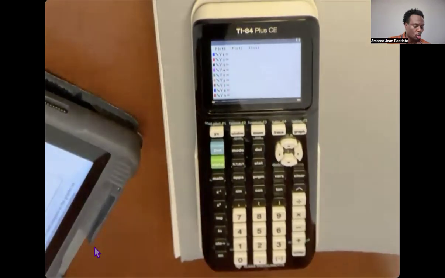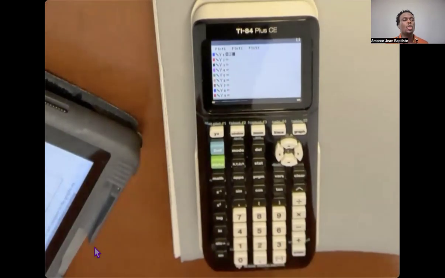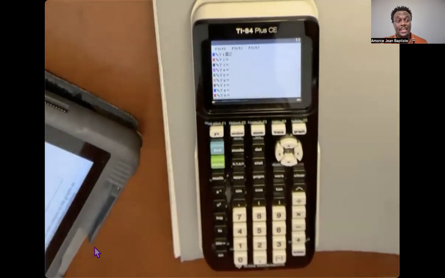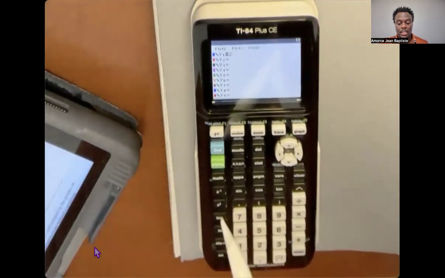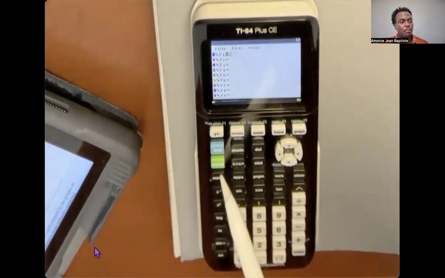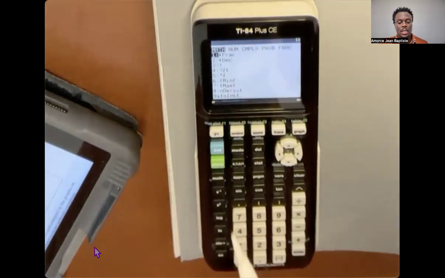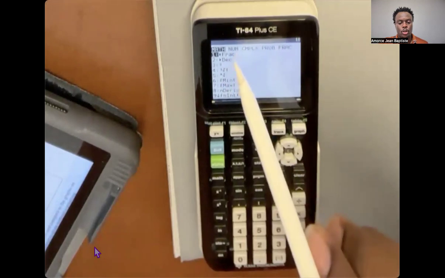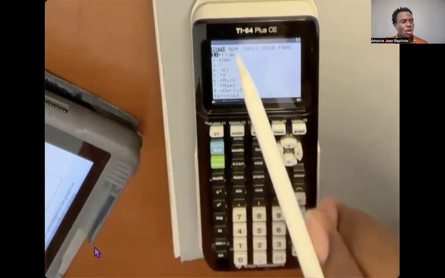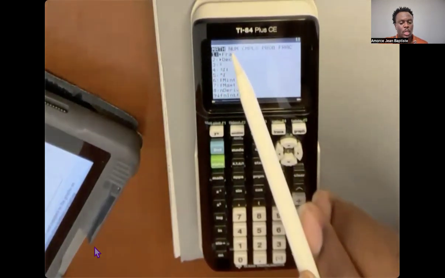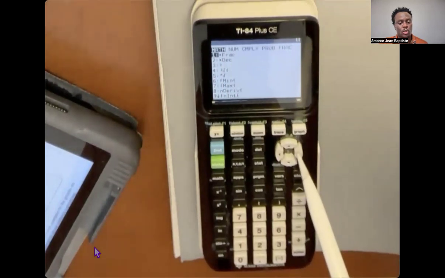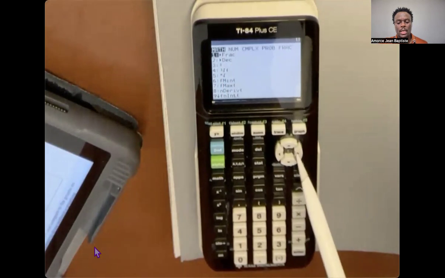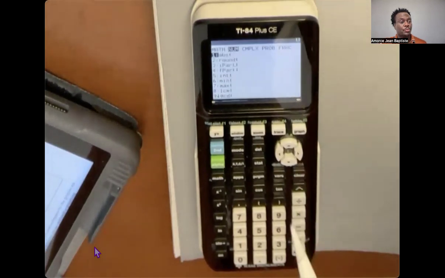It starts with 2 times. So how do you get your absolute value? Pay attention to this. You get your absolute value by pushing the math button, and then you move it over under num. So that's math, but over here it's num. If you shift it over using the right arrow, it takes you to the num function.